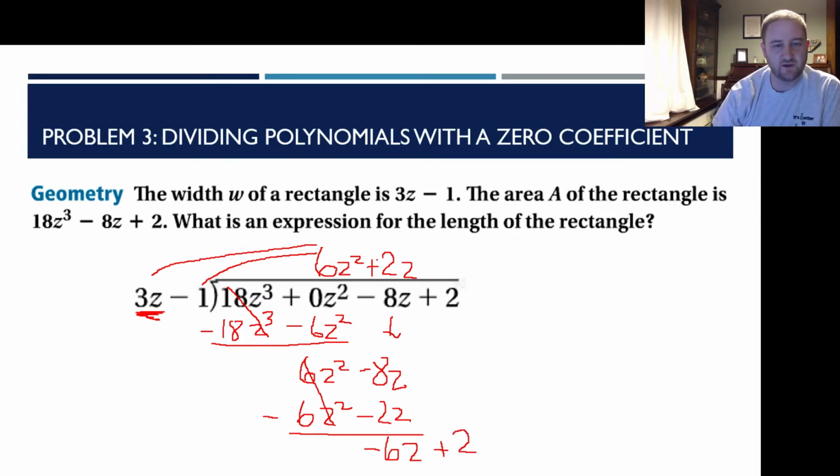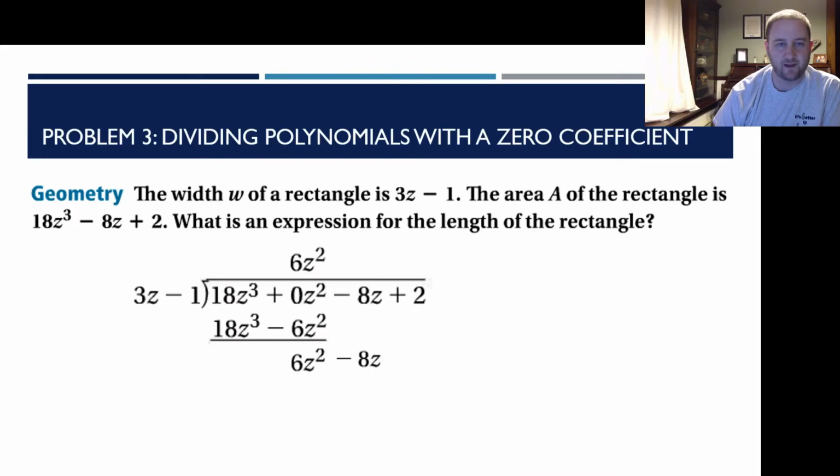3z goes into negative 6z, so 3 goes into negative 6 negative 2 times, and z goes into z 1 time. Then we multiply again: negative 2 times 3z is negative 6z, and negative 2 times negative 1 is a positive 2, which gives us a remainder of 0.